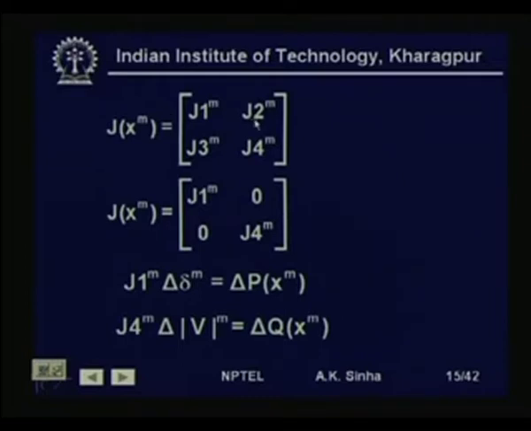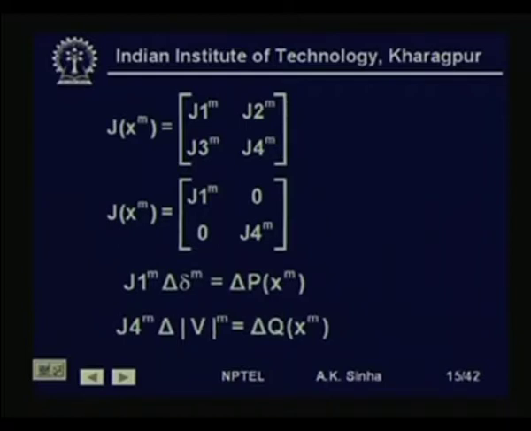J2 submatrix, which is basically providing the sensitivity of real power with respect to voltage magnitude, and similarly the elements of the J3 submatrix, which is providing del Q by del delta, that is, sensitivity of reactive power with respect to the voltage phase angle.